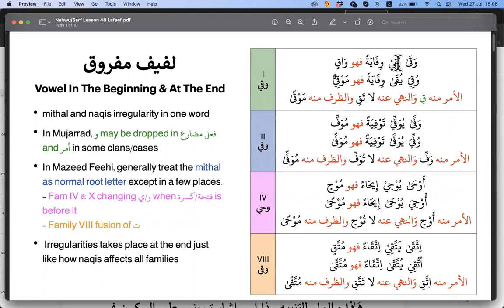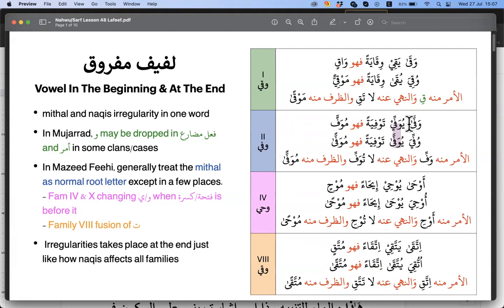But in mazid fihi, mostly we treat it as a normal root letter. That's why in family 4, awha, yuhi, it doesn't get dropped. Family 2, all this doesn't get dropped. The waw is there; you treat it basically like a normal root letter.